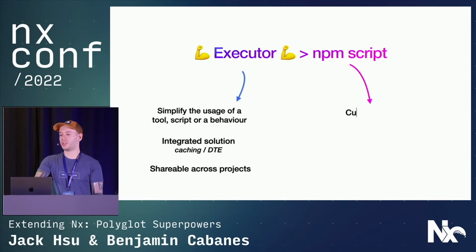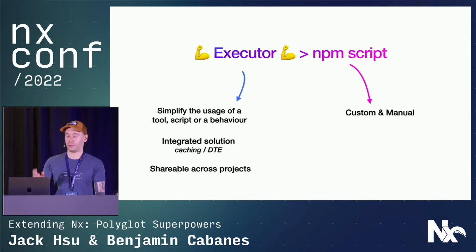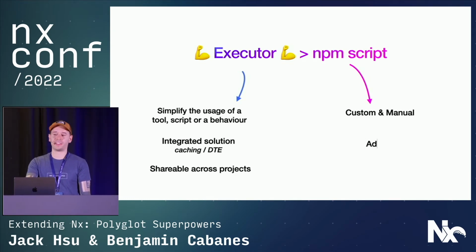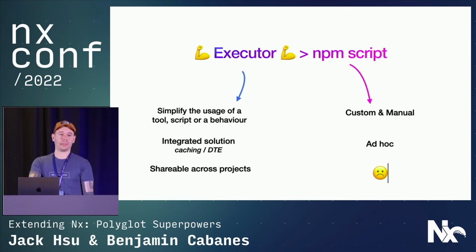Which is really different from NPM scripts, which are really custom, and you always need to basically be an expert in a tool to change and craft that command for all the projects that need that specific tool. So it's really an ad hoc solution, and we're pretty sad about it because that just doesn't scale at all.